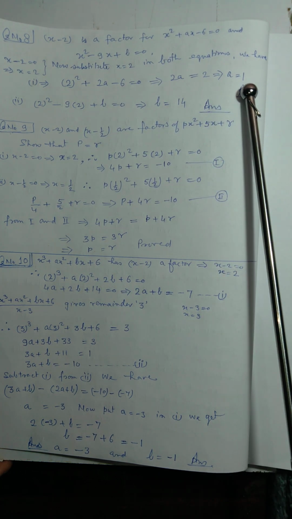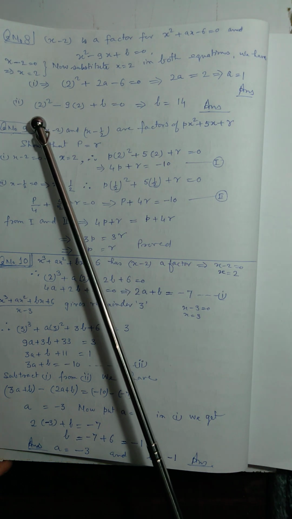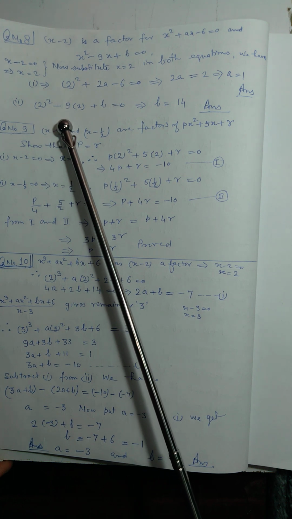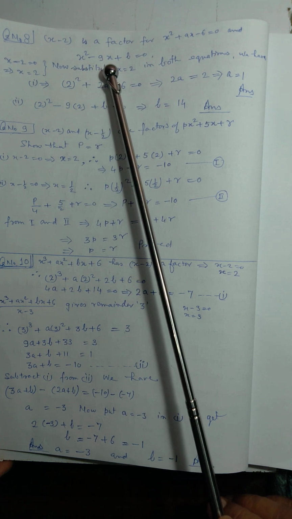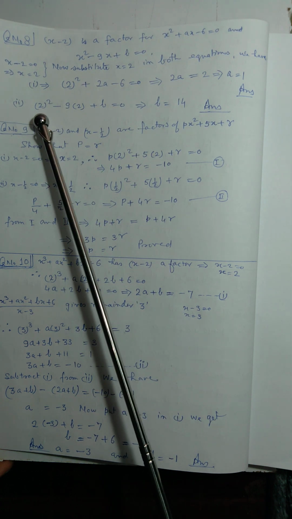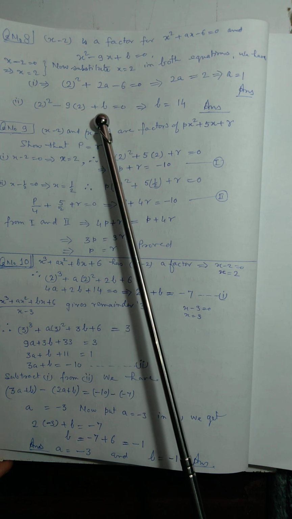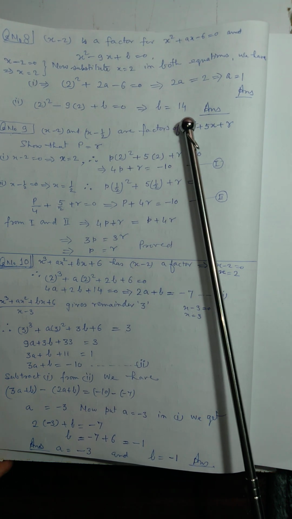Therefore a is equal to 1. This will be the one answer. In the second case, x square minus 9x plus b equal to 0, so in place of x I have written 2 square minus 9 into 2 plus b equal to 0. So we will get b is equal to 14.